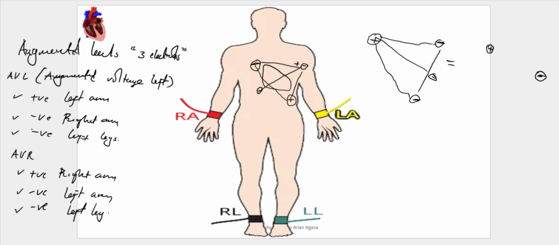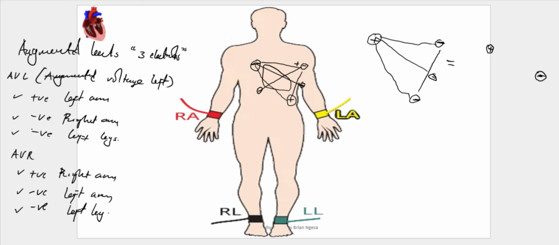With the augmented right, they are retaining some positive, but in between, because we have the negative placed on the left leg, we are finding a middle ground. So this becomes the augmented right. This tells us that it will give us more information about this particular area.